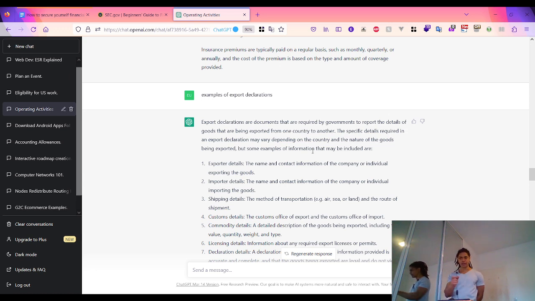such as Crocs and Post Malone. Okay, equity investment is when a company purchases a significant stake of another company's stock, gaining significant influence and potentially a voice in the company's management decisions.